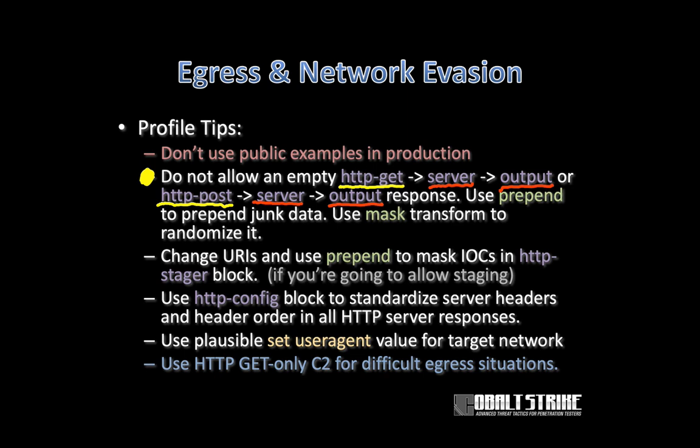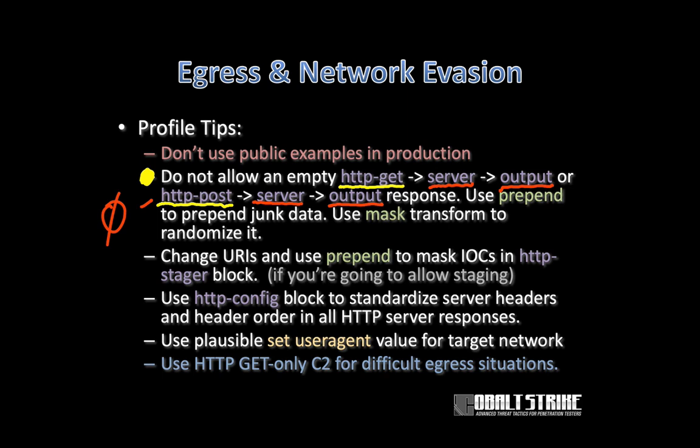And by default, they do nothing. And where this is relevant to you is that the HTTP post block always returns no data. So if you don't do anything, every time beacon sends data back to its controller, it's going to get an empty server response.